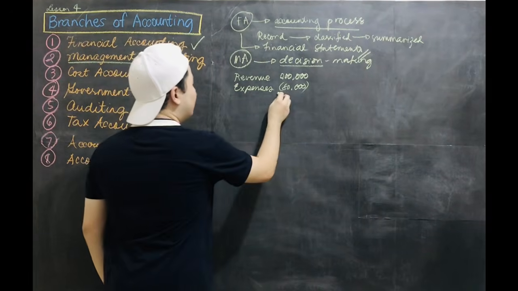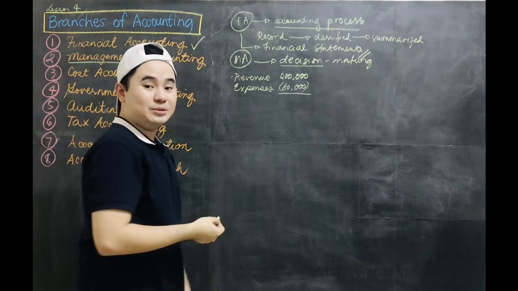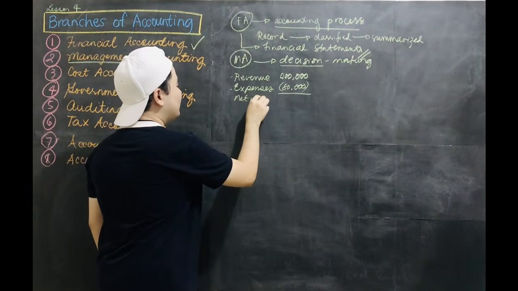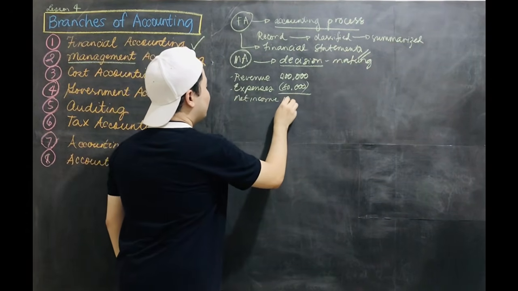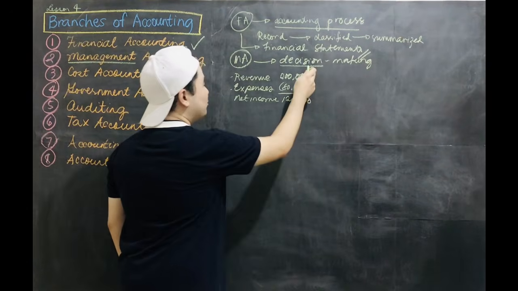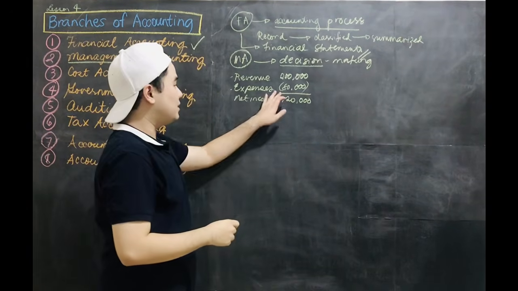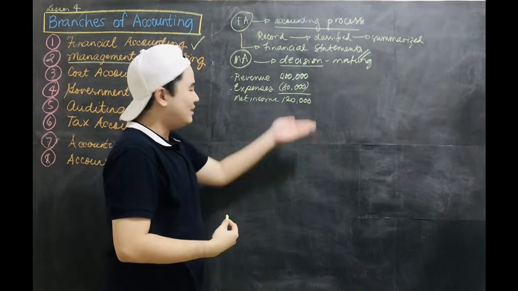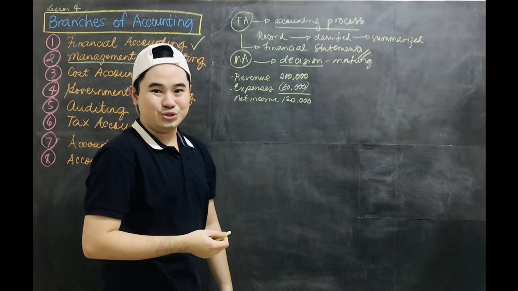So, if we earn 200,000 and we have expenses of 80,000, then we have a net income during the month of 120,000. We earned 200,000 but we spent 80,000, so what is left to us as net income is 120,000. That's what you earn during the period.